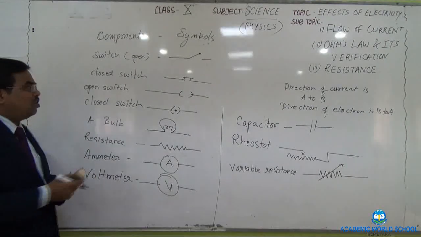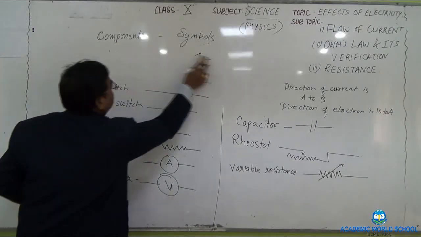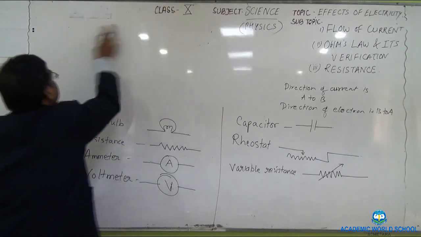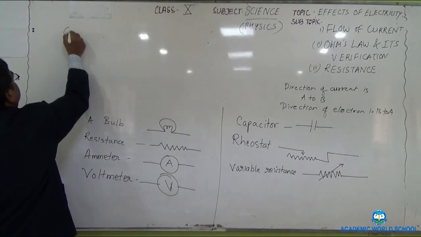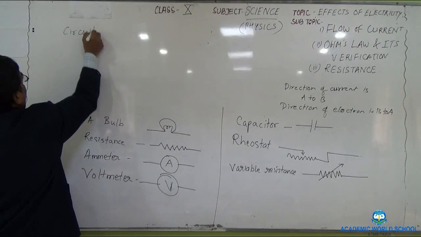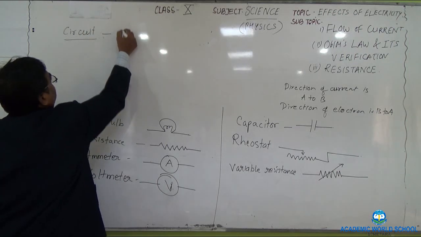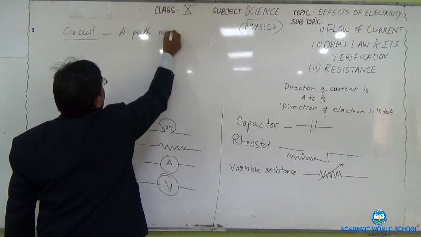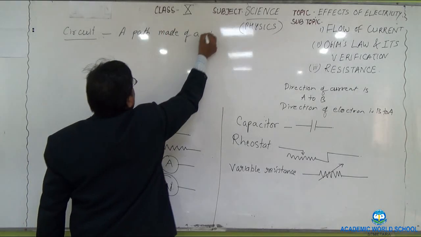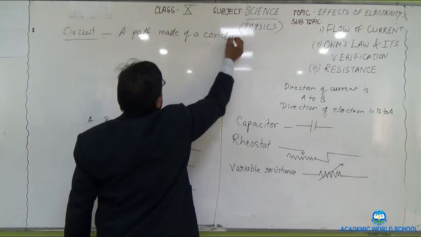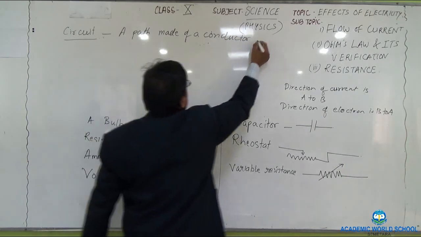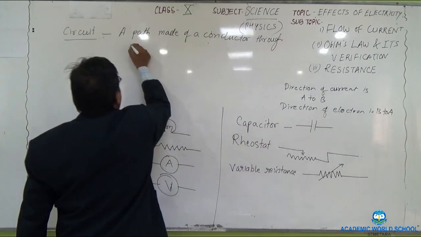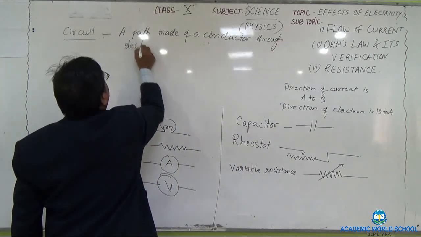Write the definition of circuit. A path made of a conductor through which electric current can flow.